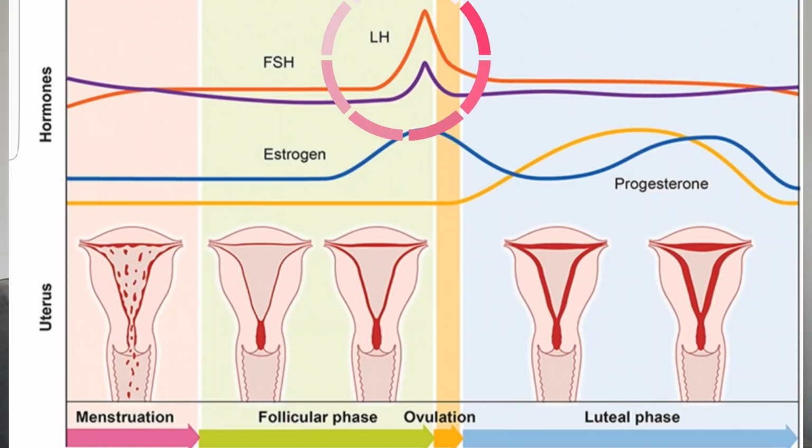So back to the FSH. So it stimulated a number of these follicles, but only one of them is chosen. Only one of them becomes the follicle that now can release an egg. And the thing that tells the follicle to release an egg, or helps that follicle to release the egg, is the LH. So then the LH will go up.